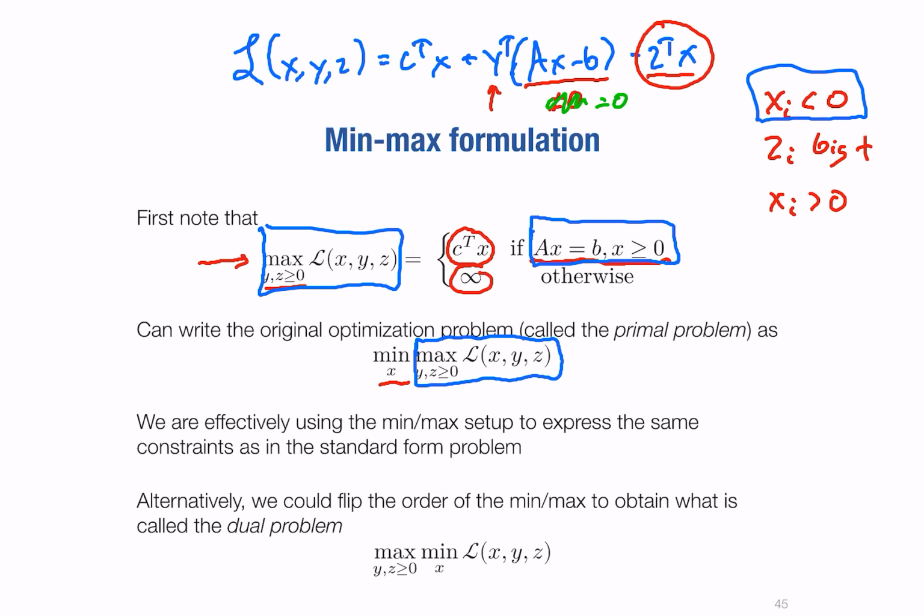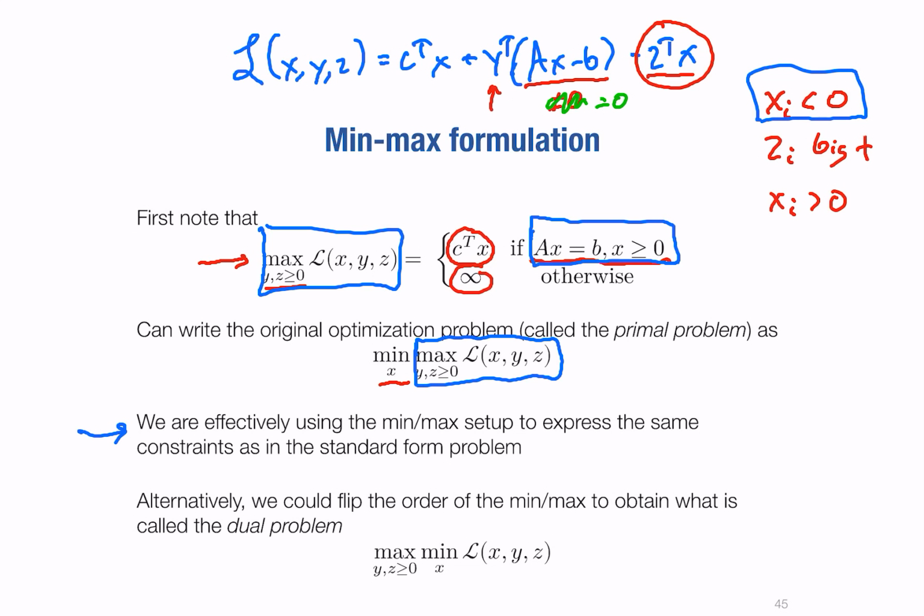So basically we're using the same min-max terminology here to express the same problem as in standard form. So that's nice, but it's not that useful yet, because all we've done in some sense is rewrite our problem in a way that seems kind of trivial. This discussion didn't tell us what z should be or what y should be in any really meaningful sense. It just told us a way of redefining our objective.